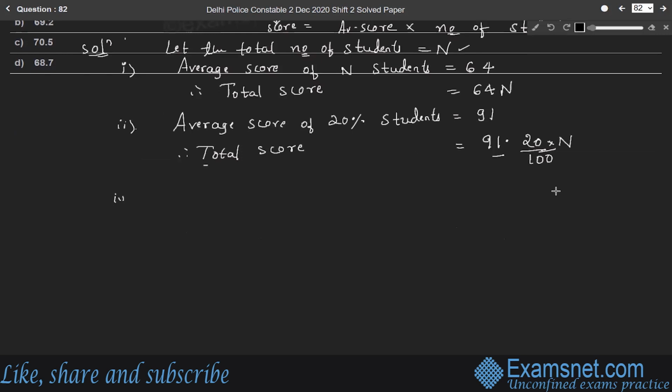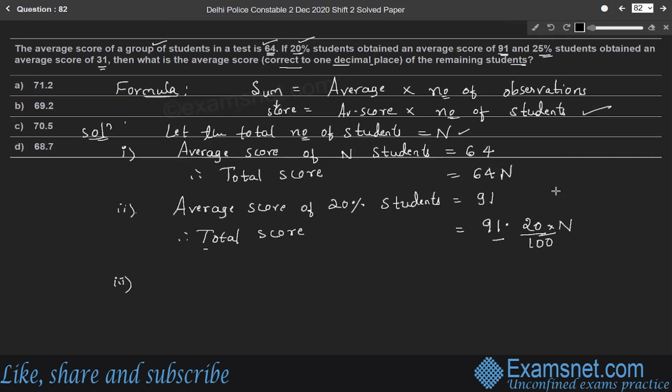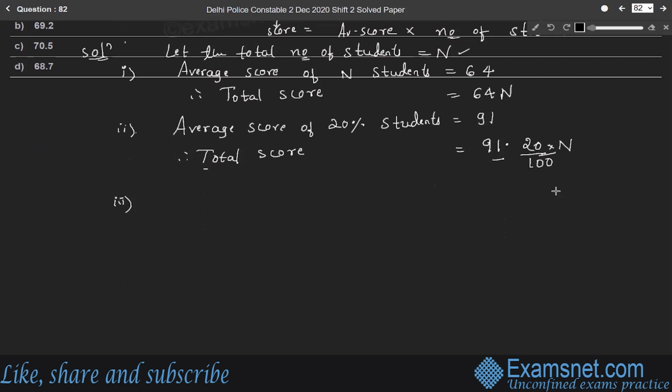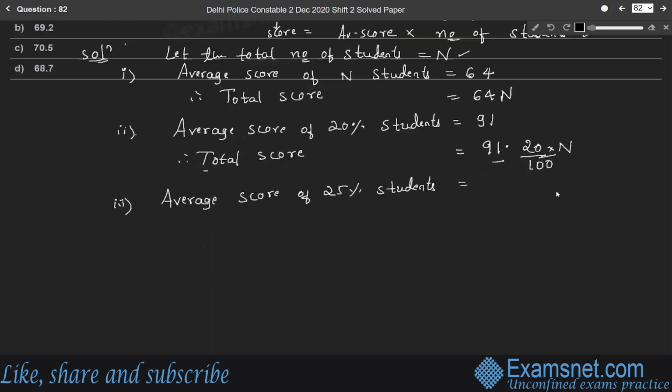And in the third case, in the question there is one more part, that is 25% students obtained an average score of 31. Therefore, the average score of 25% students is 31.